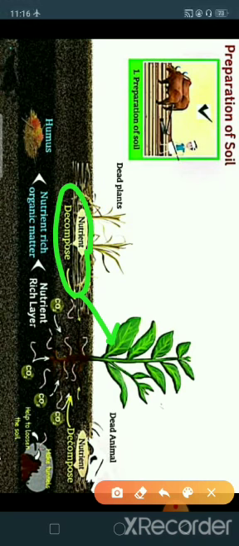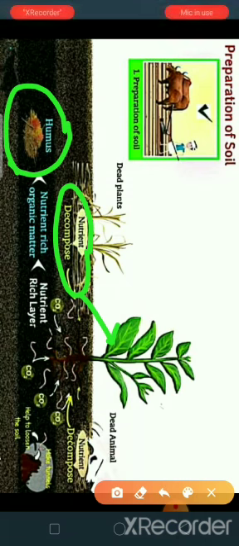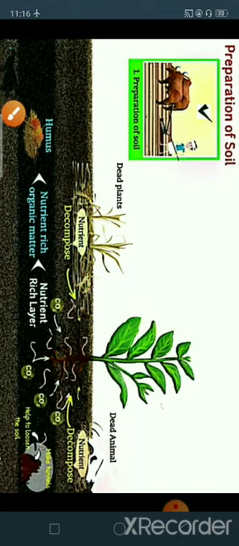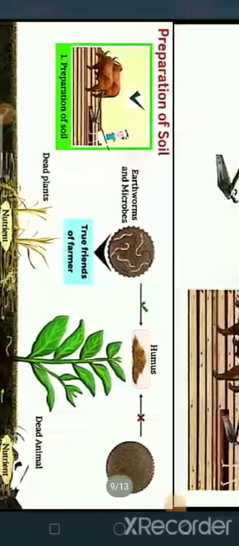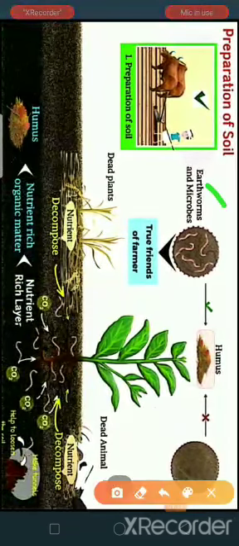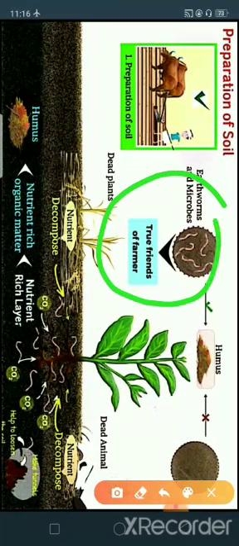The nutrient-rich organic matter present in the soil converted into a simple form is called humus. This humus gives black color to the soil. Without the organisms, the humus cannot be formed. So the earthworm and microbes are the true friends of the farmer.